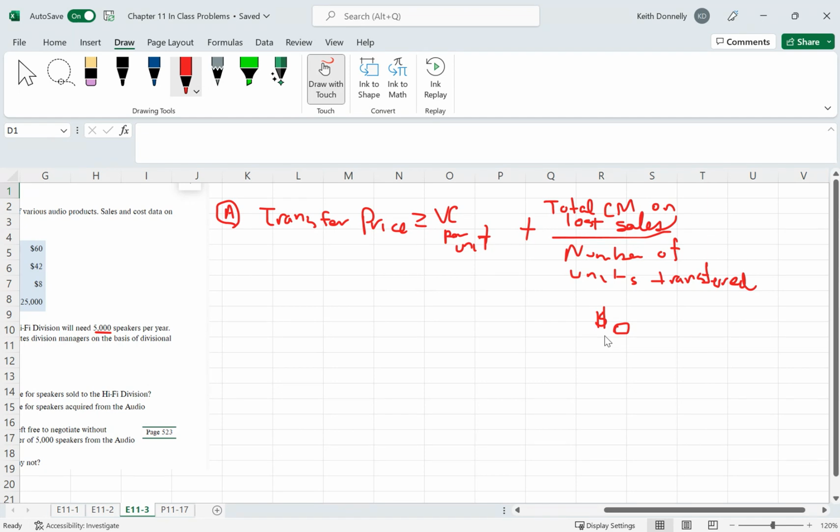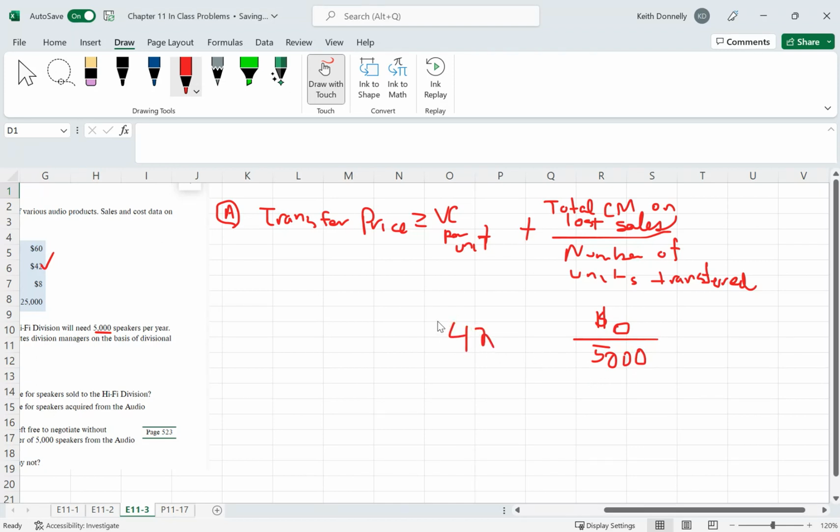Now, likewise, because the variable cost per unit, what they tell us over here, it's 42 bucks, the lowest acceptable transfer price as far as the selling division is concerned is also $42. In other words, if you plugged in the information here, it would be $0 over the 5,000 units we have to transfer.